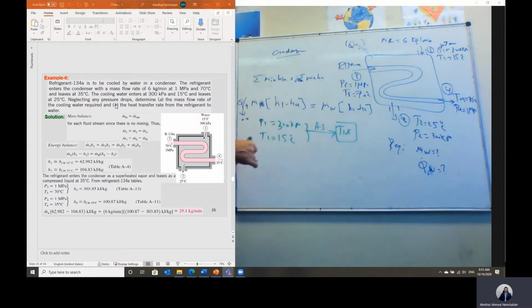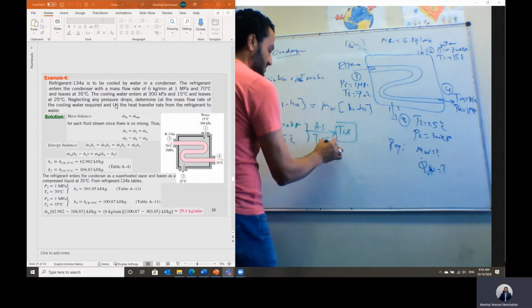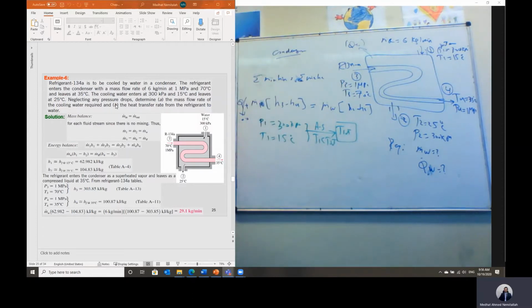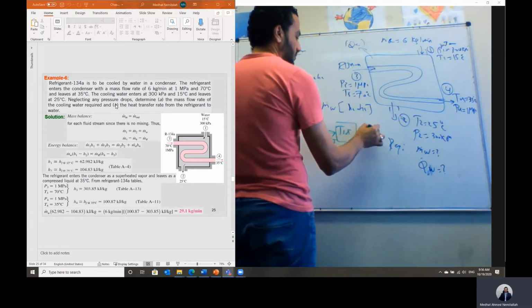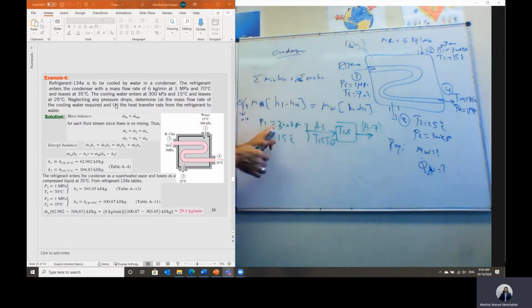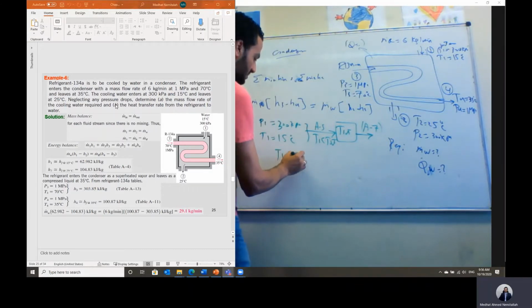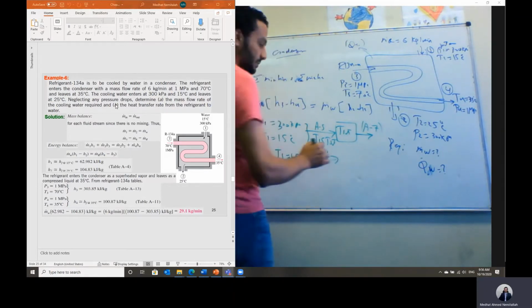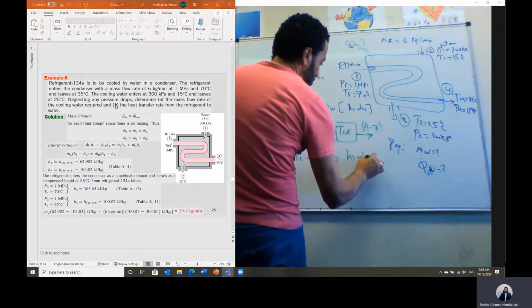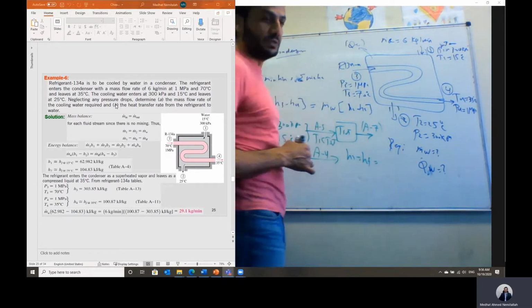You will find that T1 is less than the saturation temperature, so the state is subcooled. For subcooled I have to use table A7, but when you go to table A7 with this pressure, 300 kilopascal, which is 0.3 megapascal, we don't have it in the subcooled table. So what should we do? I will go with the temperature T1 equal to 15 degrees C to table A4 and assume h1 will equal h fluid in this case.